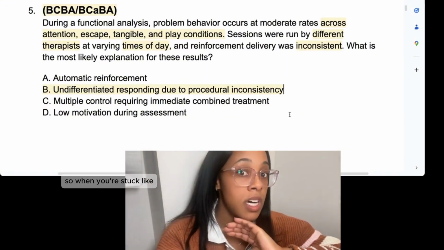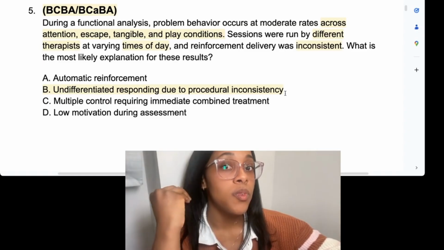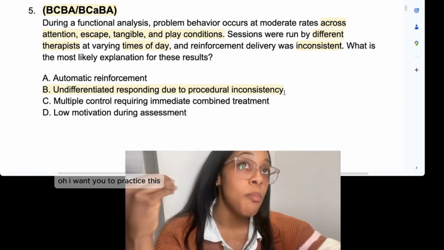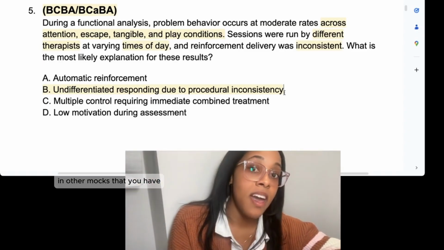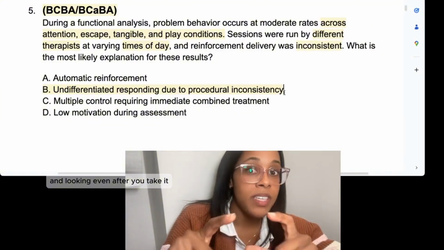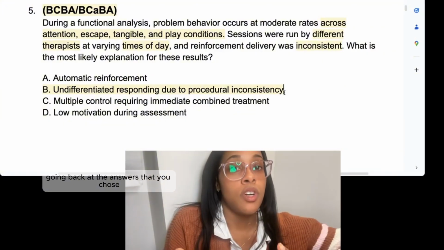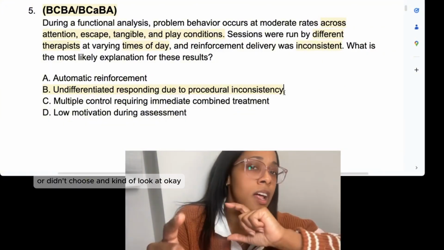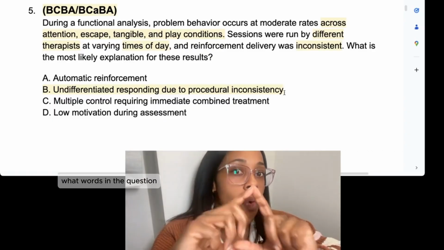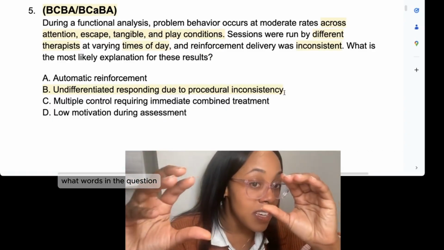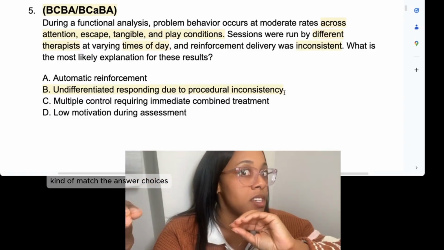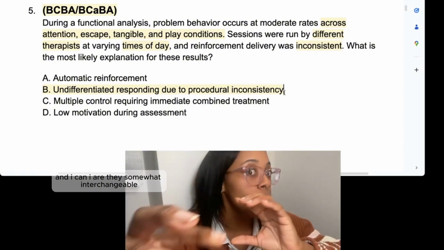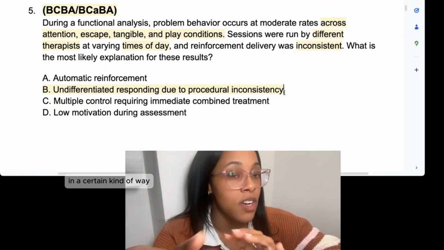So when you're stuck, I want you to practice this in other mocks you have, and even after you take them, go back at the answers you chose or didn't choose and look at what words in the question match the answer choices, and whether they're somewhat interchangeable.